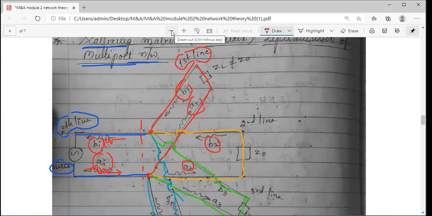Look at the structure. Let me just zoom out a little bit. Now I think it is visible. Size and angle. See, these lines are indicating your connections, the wires. It need not be necessary that short and long.